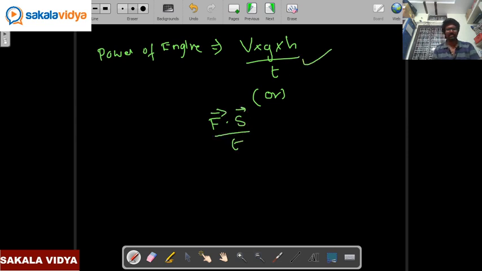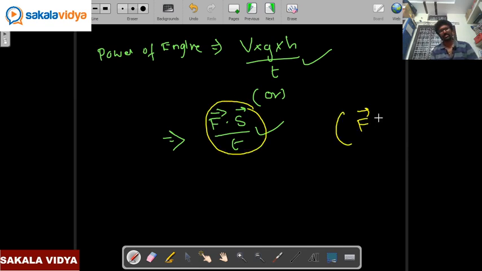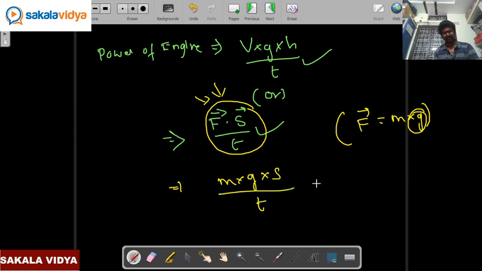We can use any of these formulas. Now we are going to use this formula. What is the basic formula for force? Force is equal to mass into gravity. When the work is done against gravity, we can use any of these two formulas. I'm going to use this basic formula. Then we get mass into gravity into displacement by time, where displacement is nothing but height.